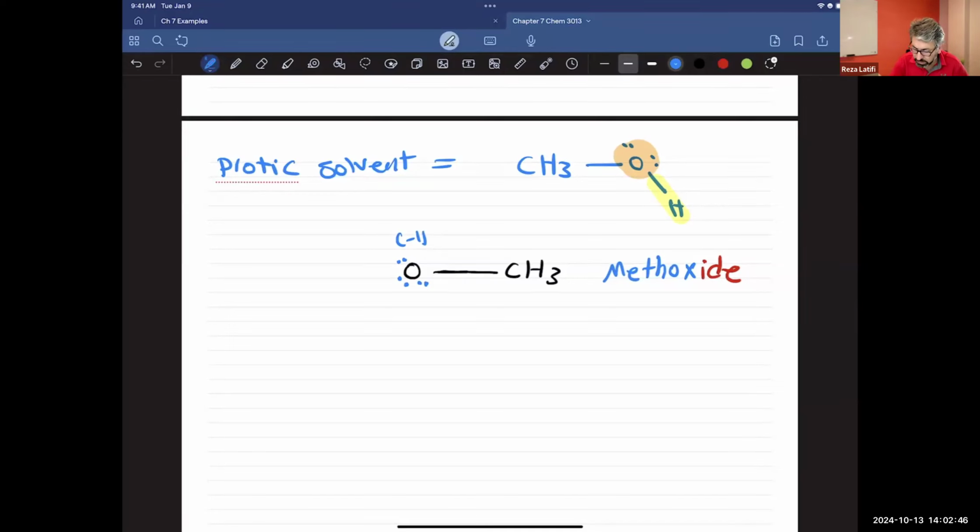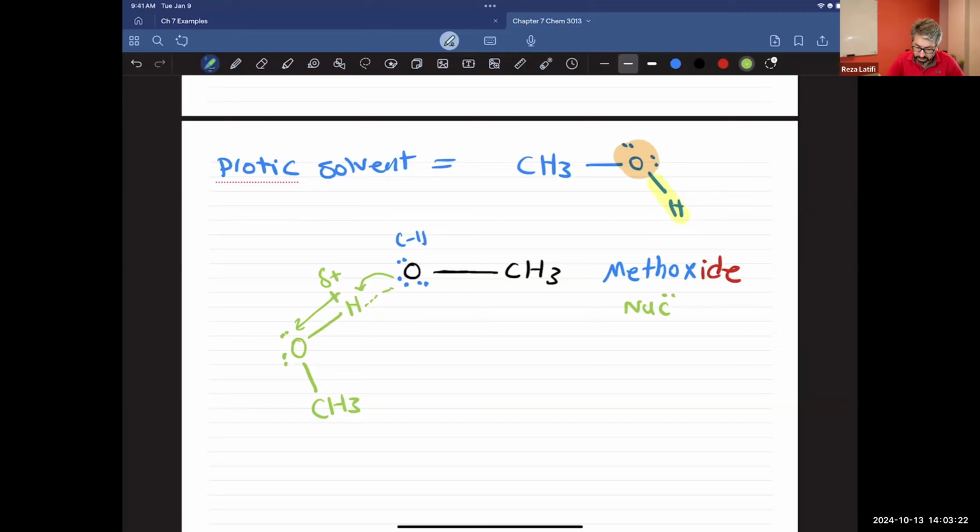If you have a protic solvent, the protic solvent is going to have acidic H. That acidic H will have a positive charge. Now, the oxygen on the methoxide, the nucleophile, will go after this hydrogen and establish an interaction with it. So technically, we get hydrogen bonding.